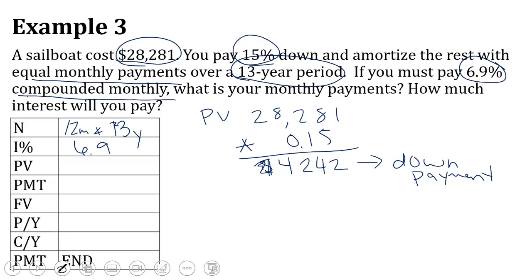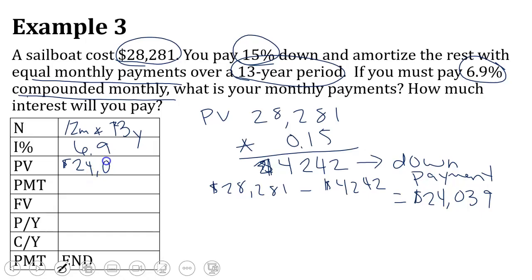So we already paid that amount from our total. So let's take that $28,281 minus the $4,242. And what do we have left? We have $24,039 to pay. So that's going to be our present value. We didn't borrow the full amount. We had some money and we put that down, and we only borrowed $24,000.